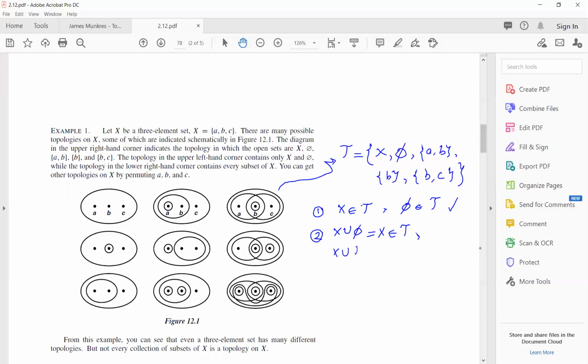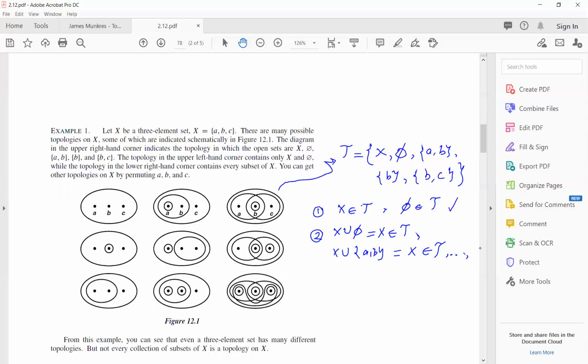So X union with A, B is X itself, which is in tau as well. You can take the union of X with any other members here, and you can see it is equal to X, and it is a member of tau itself.